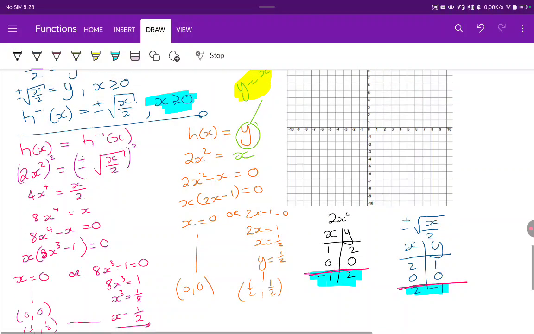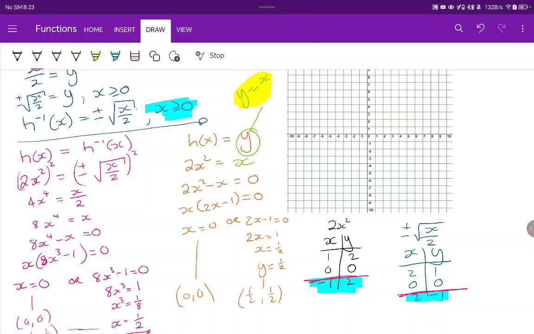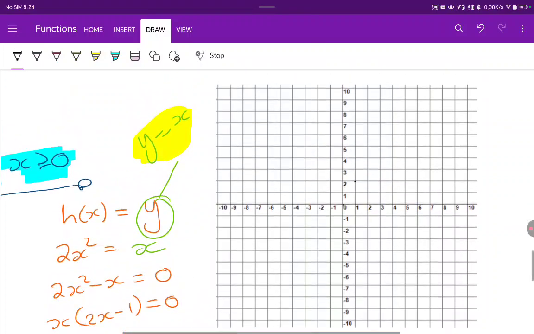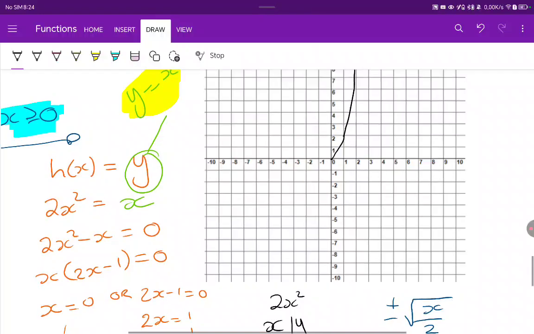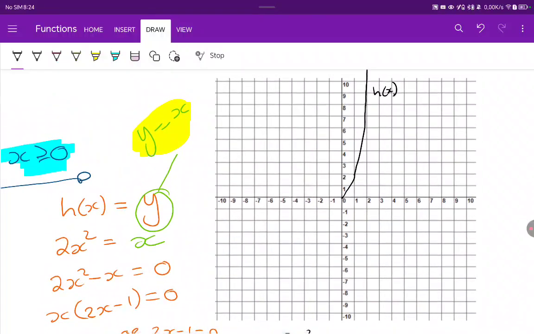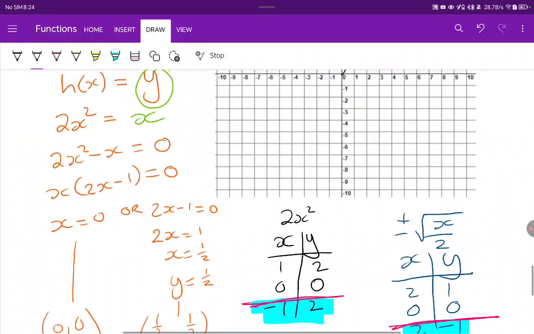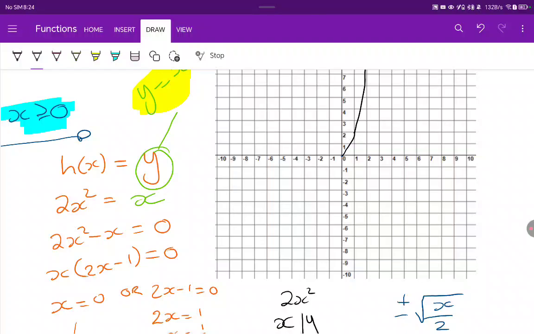So we're going to say, okay, 0, 0, 1, 2. This is going to be our first one. This is going to be your h of x. But I don't draw the one on the left-hand side. And then my g of x is going to be 0, 0, 2, 1. So 2, 1.